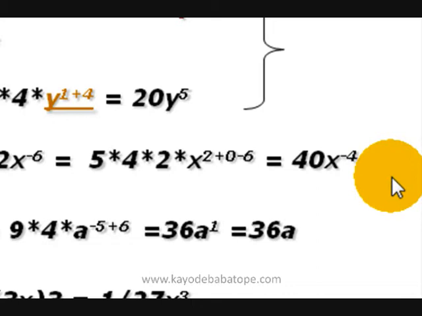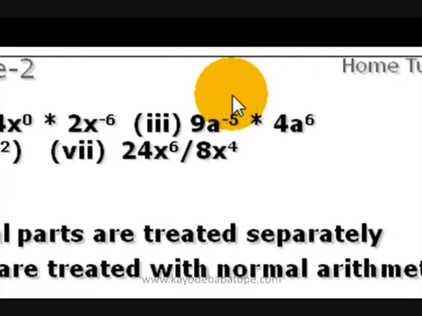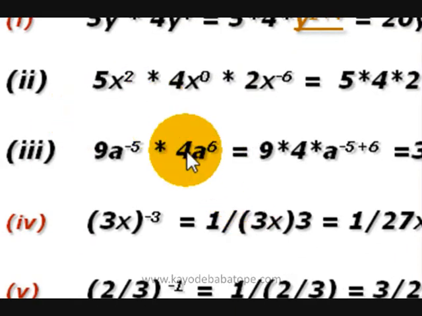The third point says 9a raised to power minus 5 times 4a raised to power 6. What do we have? You treat the coefficient differently, 9 times 4, then you treat the initial part differently. And then when they have the same base, all you need to do is to raise their unique base, that is the identical base, to the sum of the indices, because you are multiplying them.